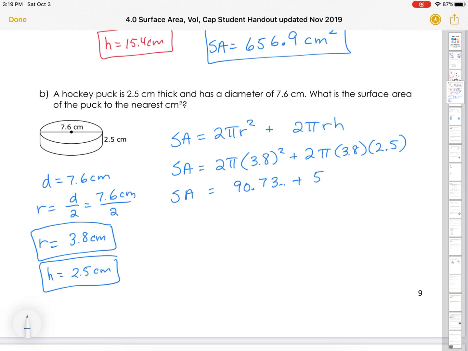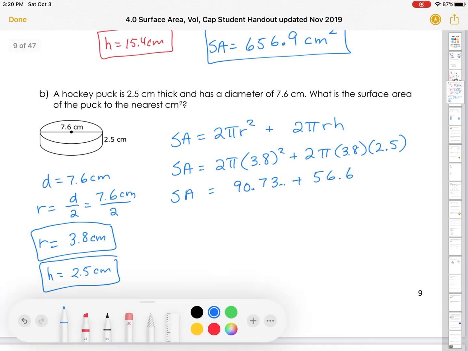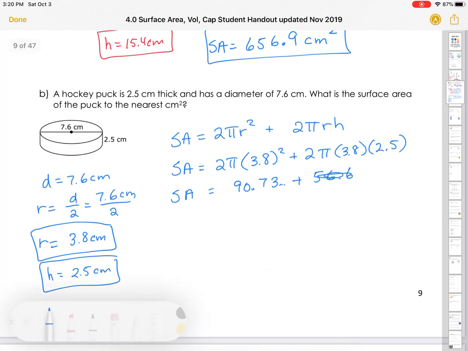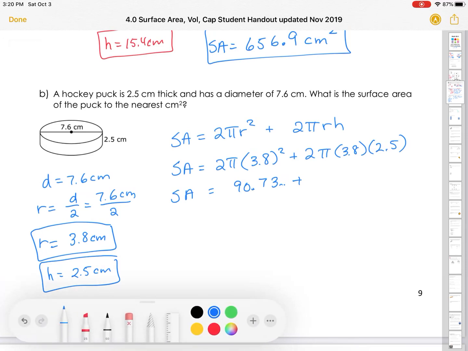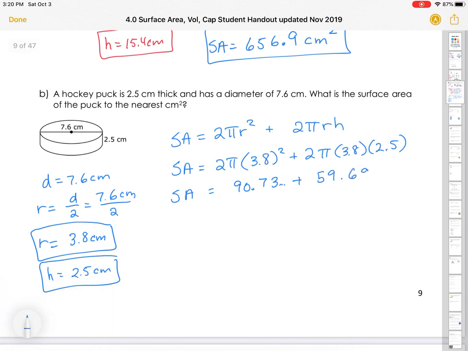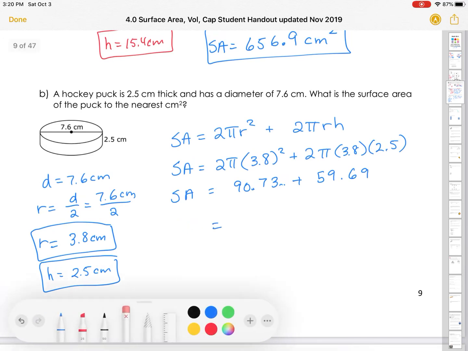And then the second one, I've got to figure that out: 2 times pi times 3.8 times 2.5. Did I put everything in right? I made a mistake here. Never trust someone else's work. So I get 59.69.